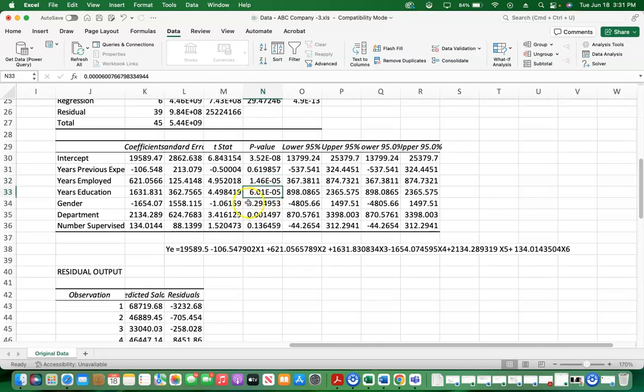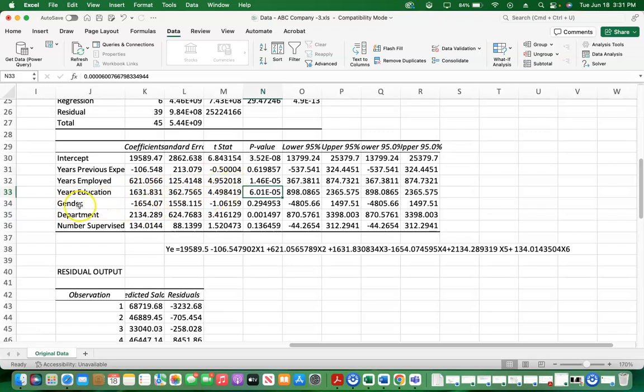Here as well, we have 6.101E-05, meaning that the p-value is almost 0, which is good because it's less than 5%. So years employed and years of education are significant.